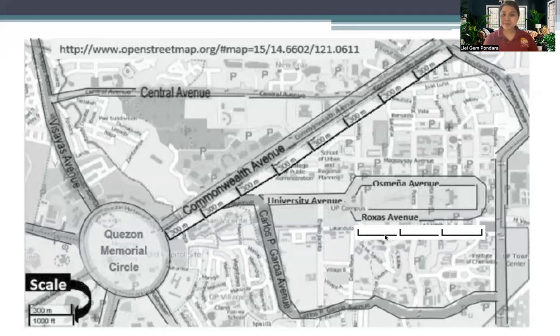So for example, using this scale, we have an estimate of 300 meters. So the distance of Rojas Avenue is 900 meters. Now you check first here. What is the distance on the map? How long? How many centimeters? This one.